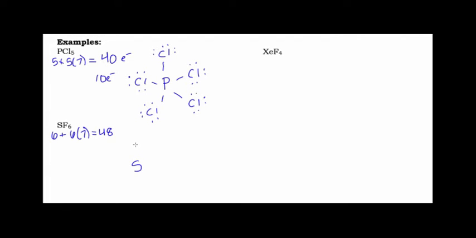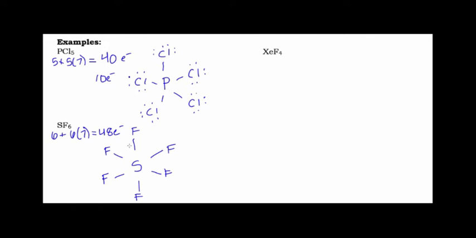So we're going to make 6, 1, 2, 3, 4, 5, 6, as far apart from each other as you can. Put your little fluorines in there. We have a lot of electrons to distribute this time, but hopefully you can start to see the pattern where these electrons go.